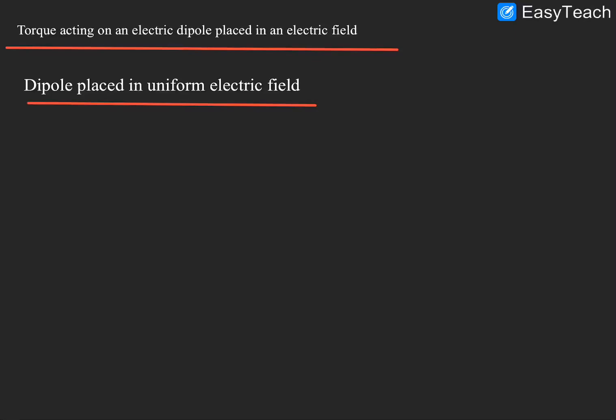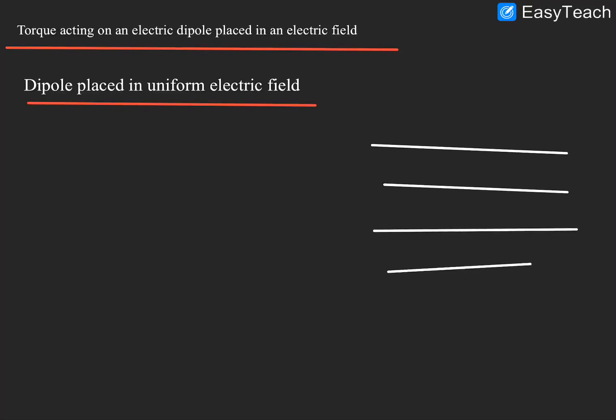So I am considering a uniform electric field here. You can see that all the lines are straight lines. Straight lines mean it is a uniform electric field. That is how we represent a uniform electric field, by drawing straight lines.